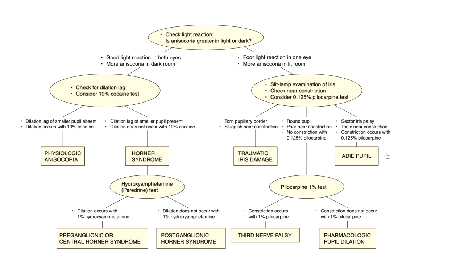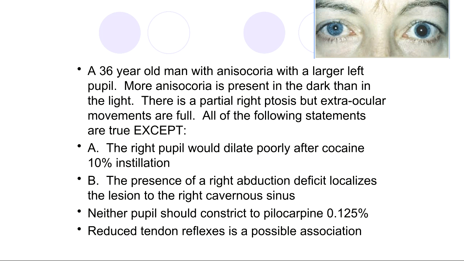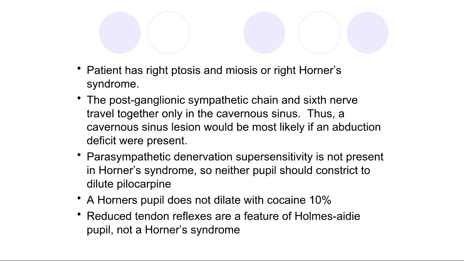But that's not the case. The 0.125% pilocarpine test has nothing to do with Horner syndrome. Reduced tendon reflexes are a possible association, not with Horner syndrome. That's a feature of Holmes-Adie pupil, and not Horner's syndrome.